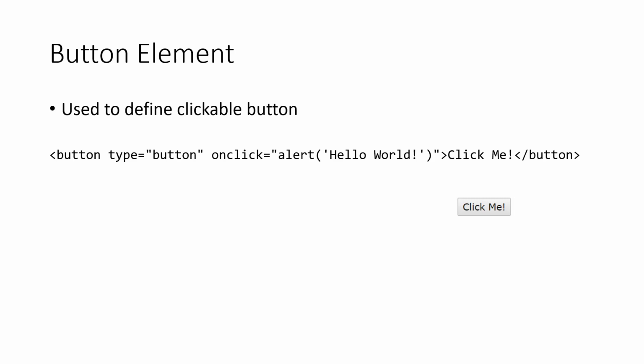Okay, so when you talk about button elements, here I will simply talk about how you make it clickable using onclick. We can have a JavaScript statement, alert hello world, which executes whenever you click the button.